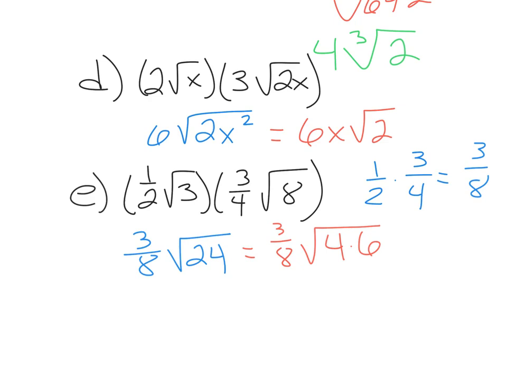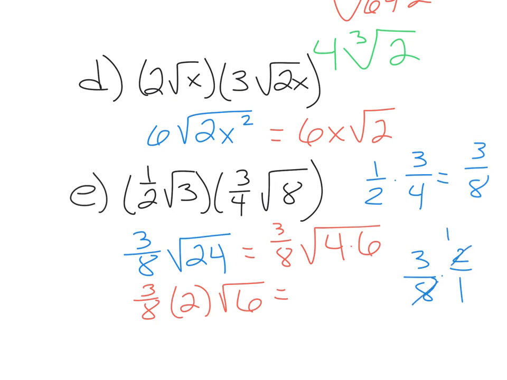So we're going to have 3/8 still on the outside times the 2, and the 6 on the inside. So we're going to multiply 3/8 times 2. You can cross cancel these and you end up with 3/4. So that's what turns out on the outside, and the square root of 6 is still left on the inside.